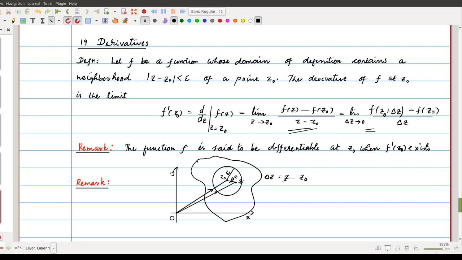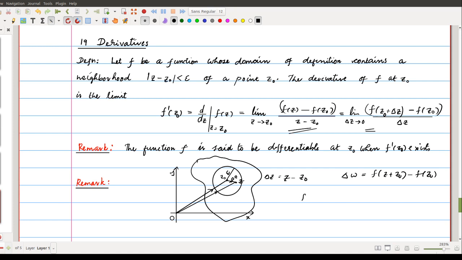In this remark, if we replace this numerator, f(z0 + delta z) minus f(z0), and put it as delta omega.